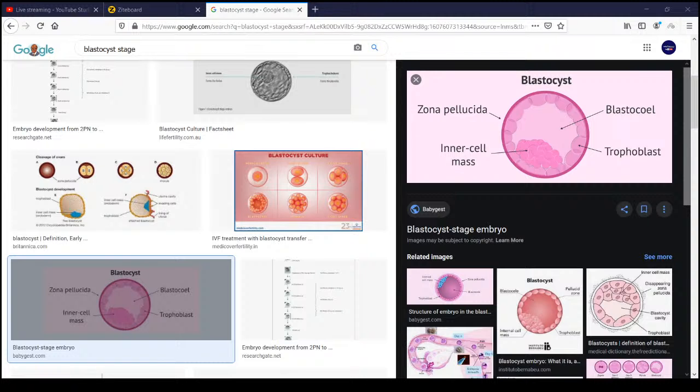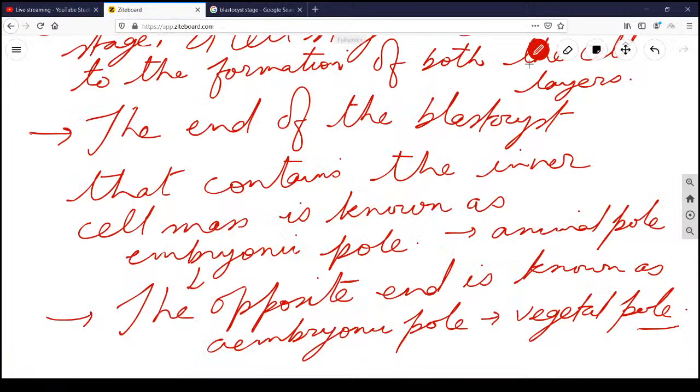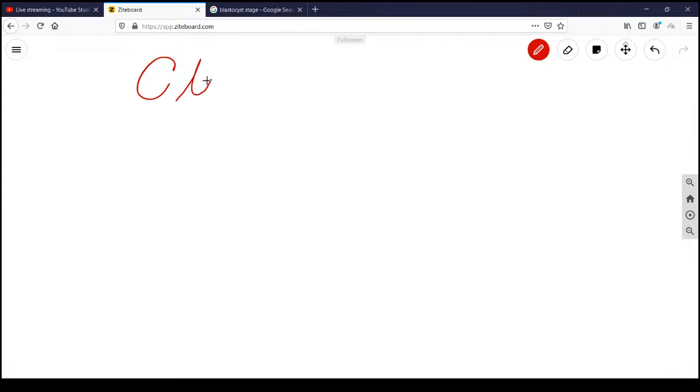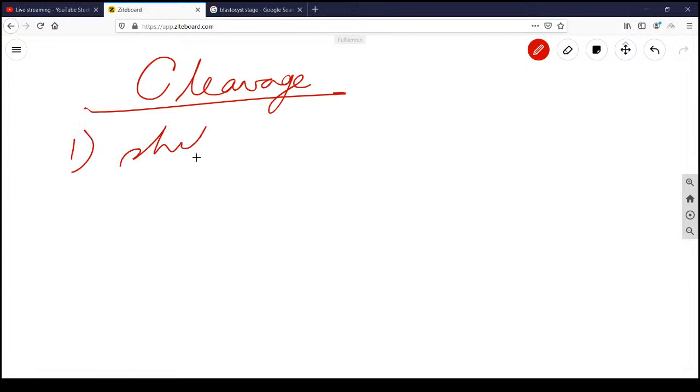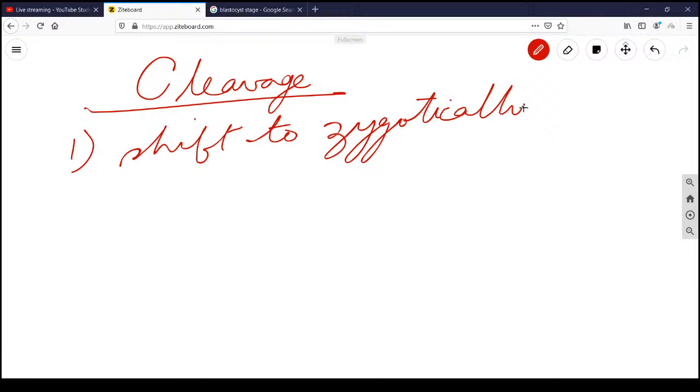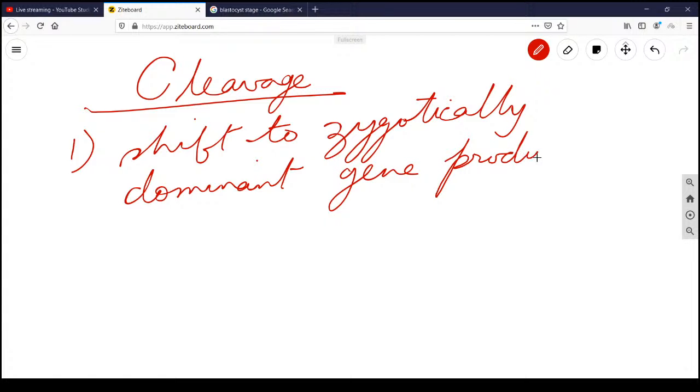Number one, during cleavage, there is a shift to zygotically dominant gene product formation.